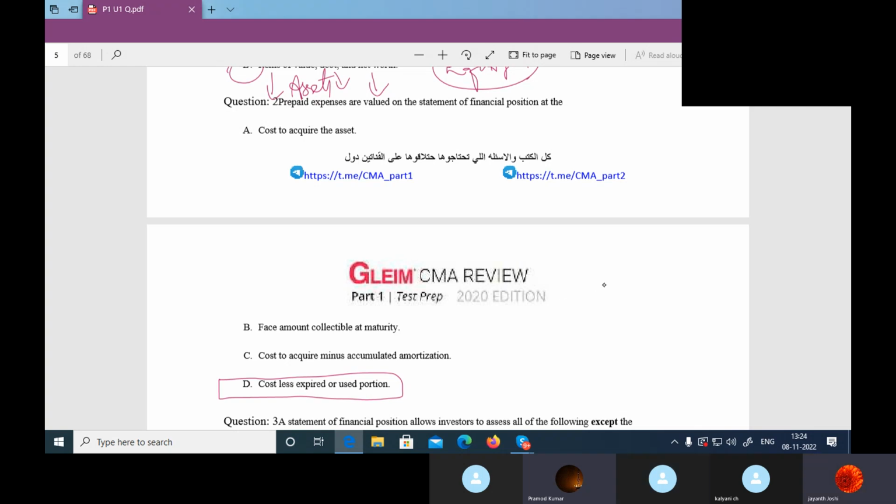Cost less expired or used portion. Why? See, prepaid expenses, let's say prepaid rent, prepaid insurance, are reported on the balance sheet at cost minus the expired or used portion. That means you have already paid it, so we have to subtract, isn't it so? And it's a current asset. Fine?